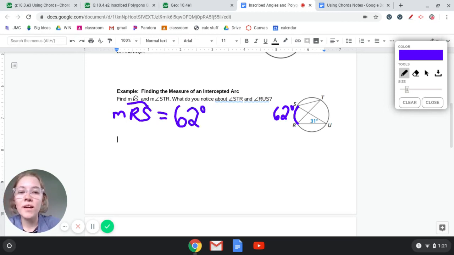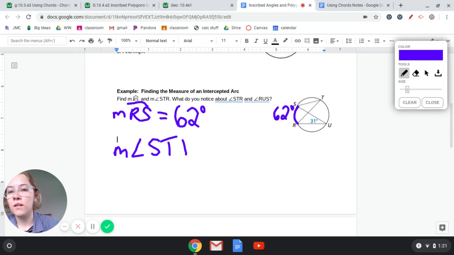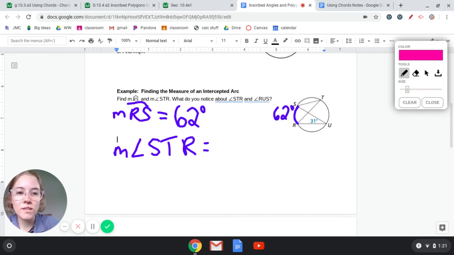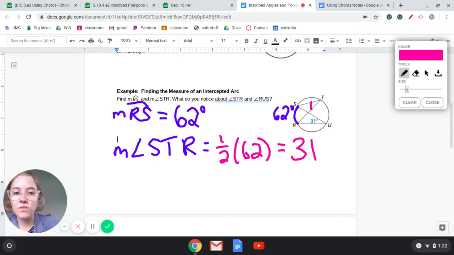Now we're going to use that to find the measure of angle STR. I'm going to switch colors. We're looking for this angle. By the Star Trek theorem, this angle is half of its intercepted arc. So the measure of angle STR is 1/2 of 62, that intercepted arc. Wait a minute, that's 31. That's the same as that other angle.